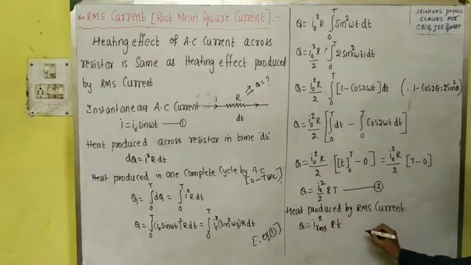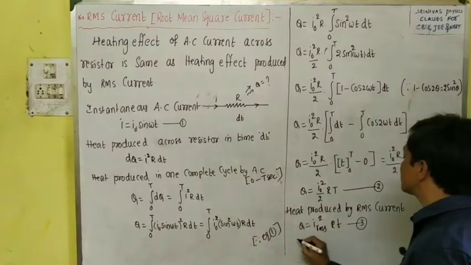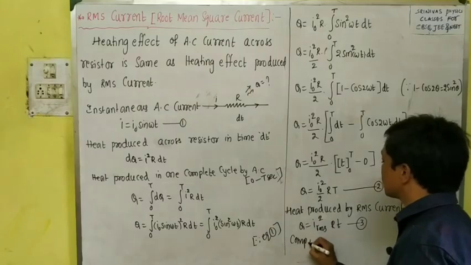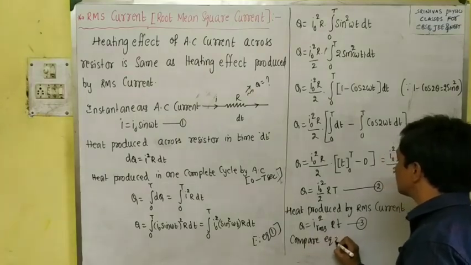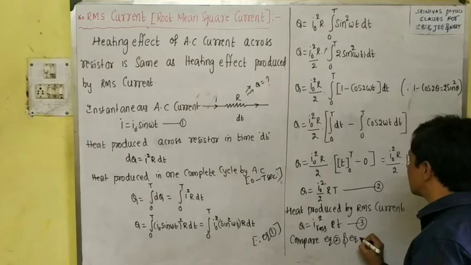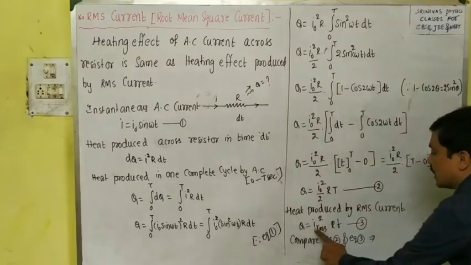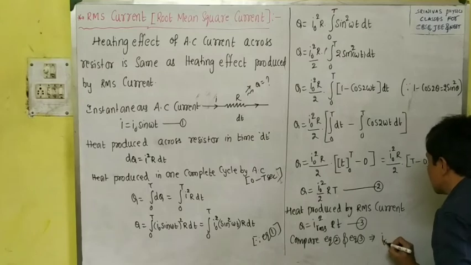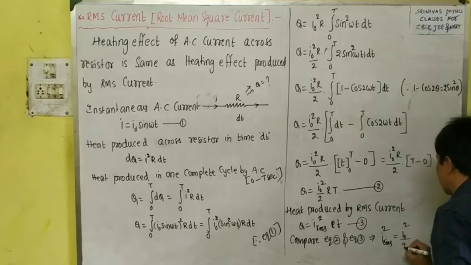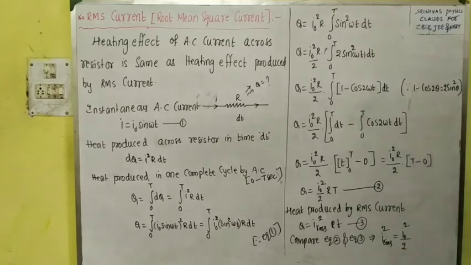Okay, compare equation 2 and equation 3. If you compare, then what will you get? Here Q is there. IRMS square is I naught square by 2. From this we will get the IRMS formula.